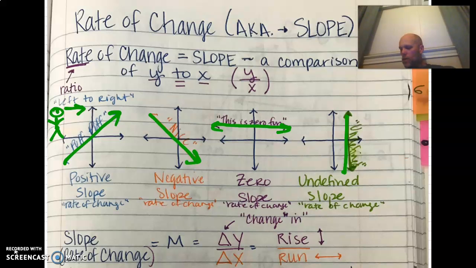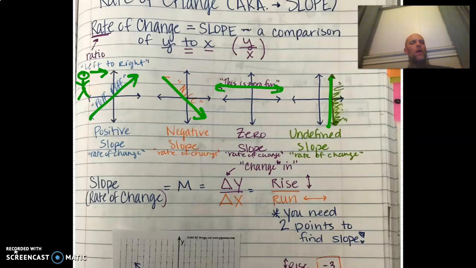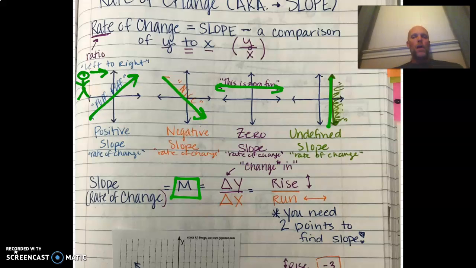Okay, so how do we find slope? Slope, which is the same thing as rate of change, equals the letter m. We're going to end up later on with m being in an equation, or a function. So how do you find slope?